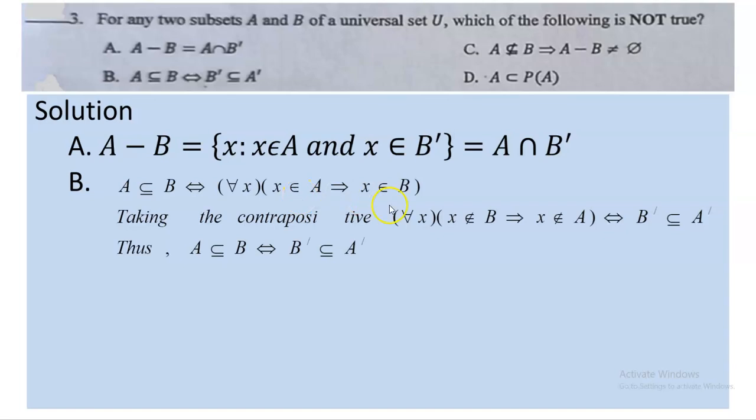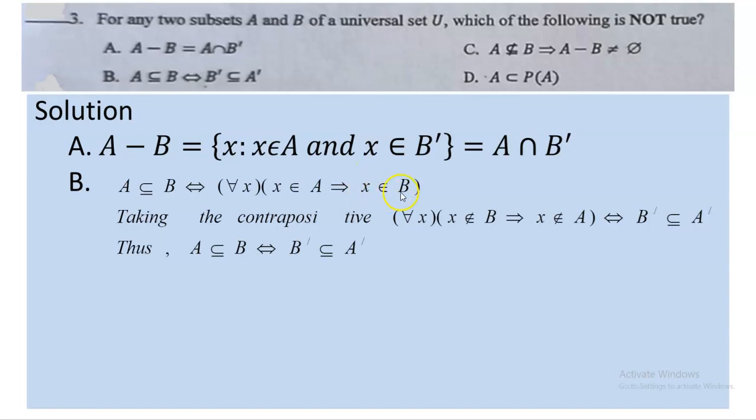Consider this as P and this one as Q. So this is P implies Q. We can now take the contrapositive of this saying. The contrapositive of P implies Q is negation of Q implies negation of P. And we knew that a conditional statement is equivalent to its contrapositive. So this saying, X an element of A implies X an element of B, is the same as X not an element of B implies X is not an element of A.